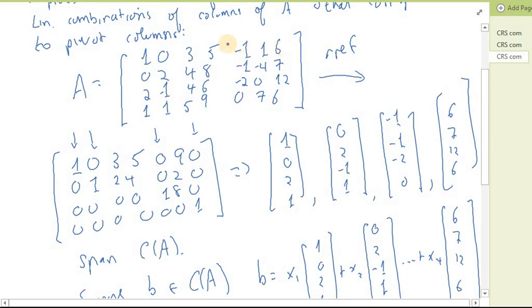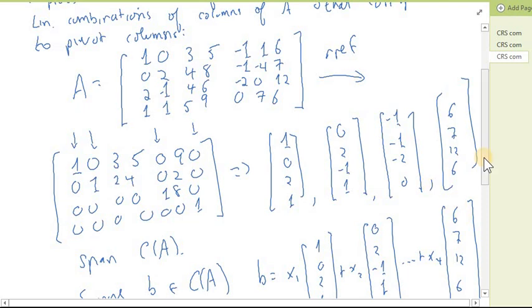We're trying to get this vector in terms of the other ones, so it's considered a constant column. You can verify that 3 times the first column plus 2 times the second column gives you the third column. 3 times 1 is 3. 3 times 0 plus 2 times 2 is 4. 3 times 2 plus 2 times minus 1 is 4. 3 times 1 plus 2 times 1 is 5.